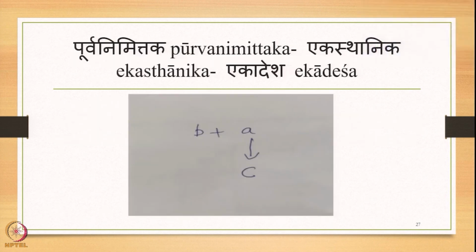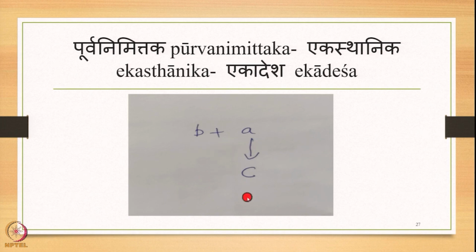Purvanimittaka Ekasthanika Ekadesha can be diagrammatically explained in this particular form, where we have B followed by A, and in the environment of B being immediately before, A is replaced by C. So, there is Ekasthani and Eka Adesha and the Nimitta is Purva. B is the Nimitta, which is Purva Nimitta.